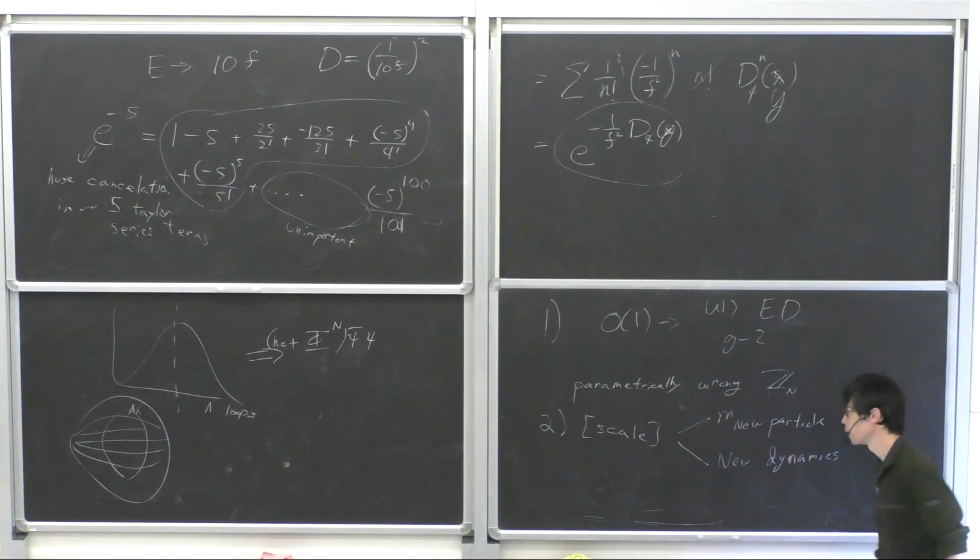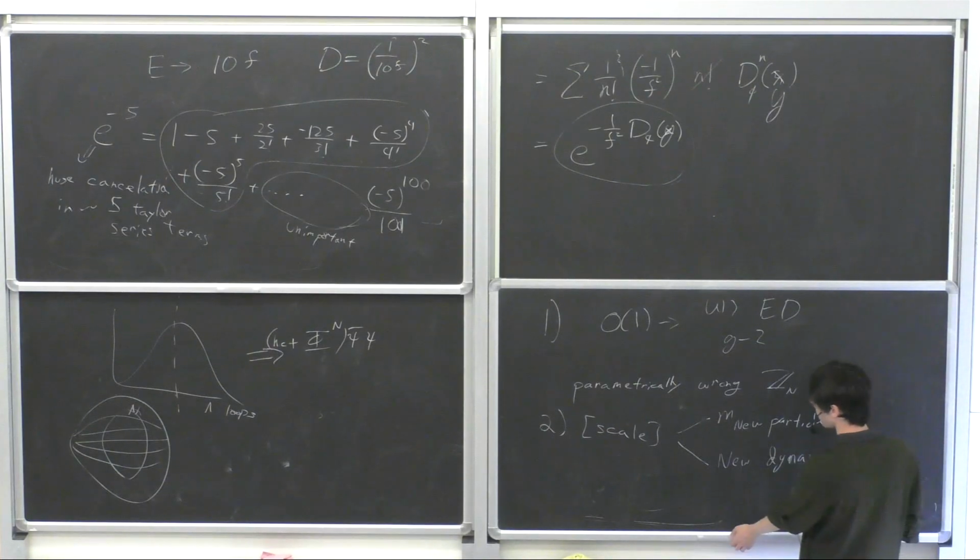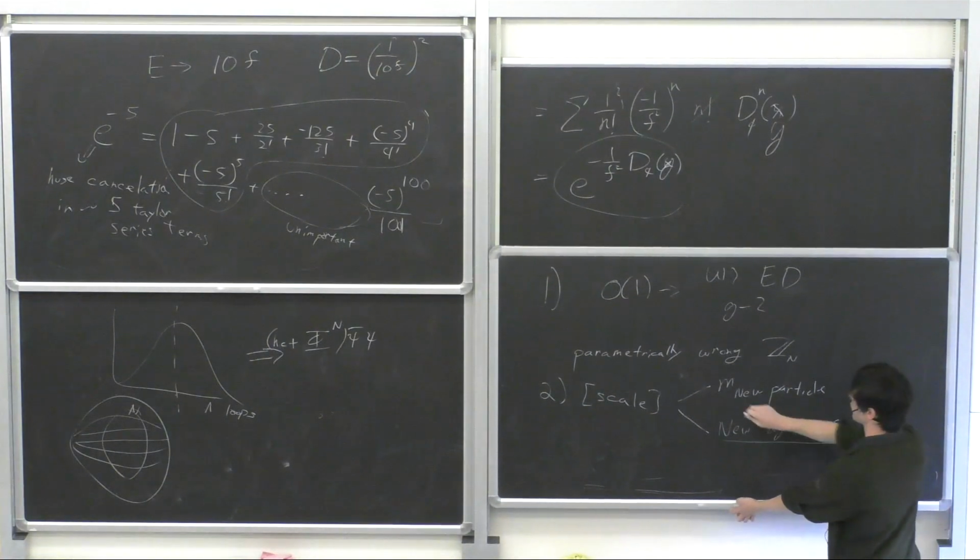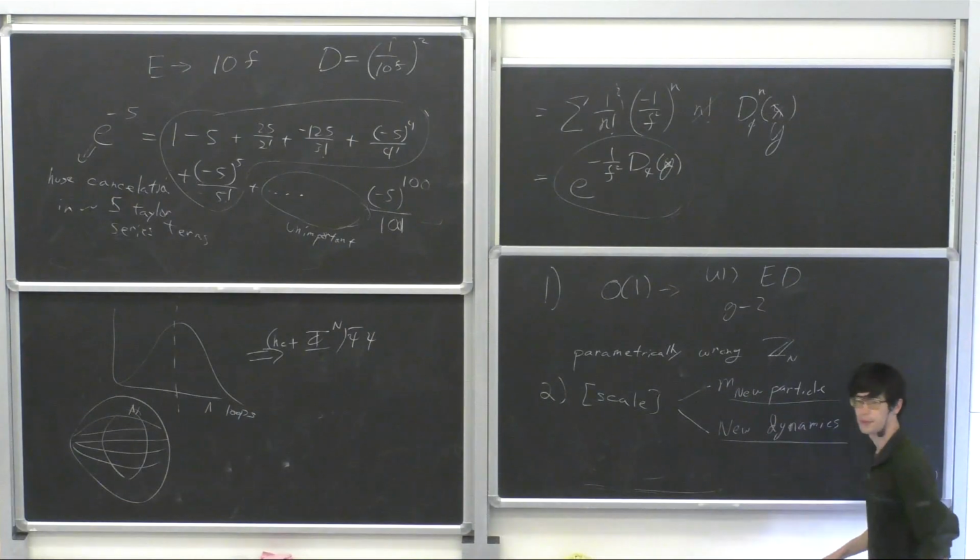Right there. This is just an explicit example where what happens at dimensional analysis scale is new dynamics, not new particles. And so new dynamics turns out to be very hard to look for, right? Because calculating cross sections and things like this are pretty difficult at the LHC. And so this is a lot easier to hide than new particles.